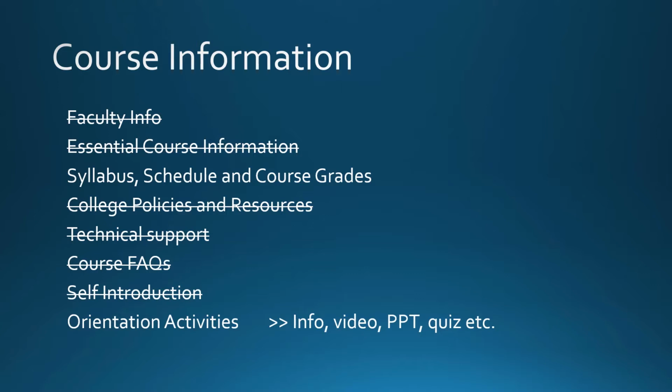We're going to remove the essential course information item, the college policies and resources, technical support, course facts, and self-introduction. And what we're left with is the syllabus schedule and course grades section, as well as some orientation activities, which we'll see might be important for orienting your students to now being in an online atmosphere.